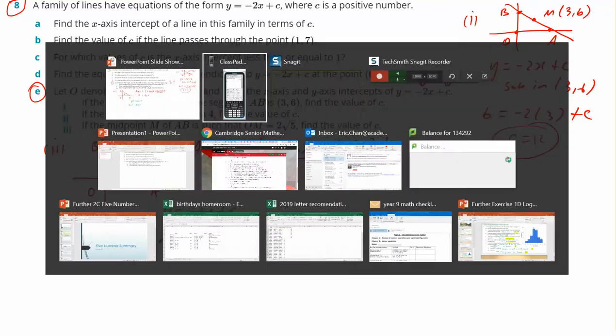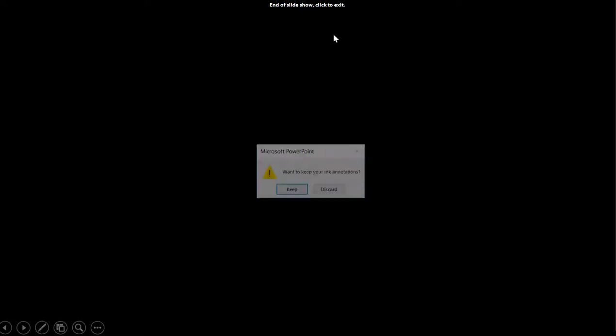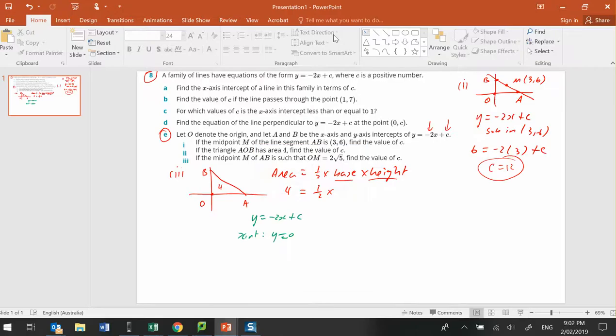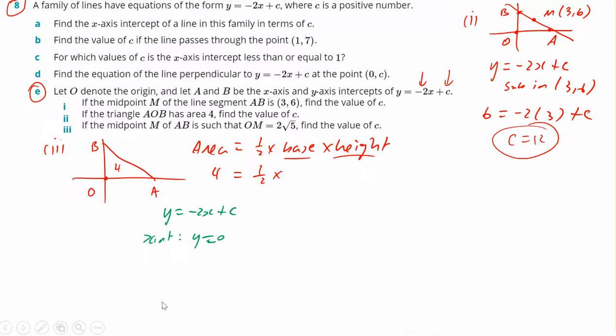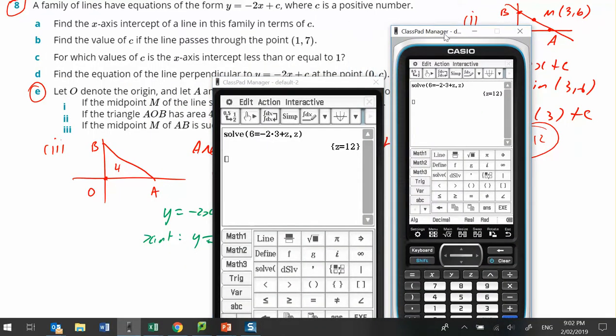So let's go to the CAS calculator. I'm going to do this using the CAS. So we've got y equals negative 2x plus z.